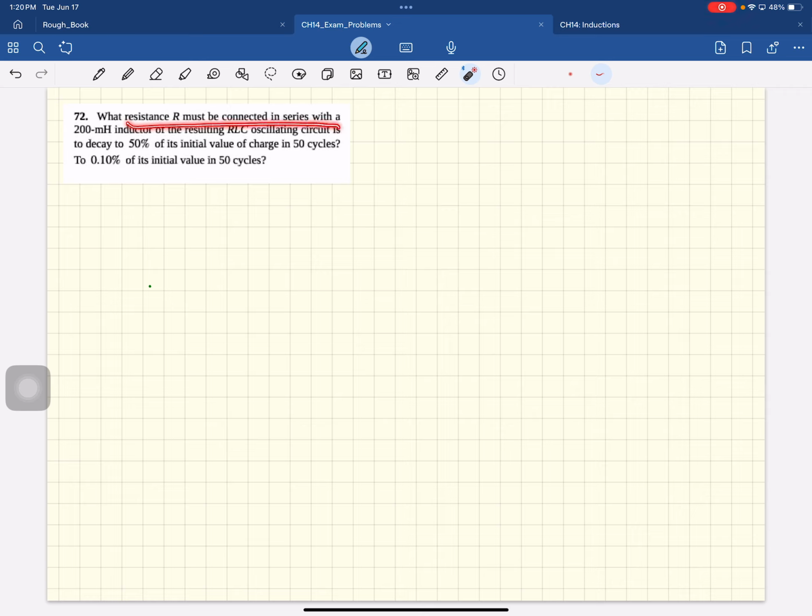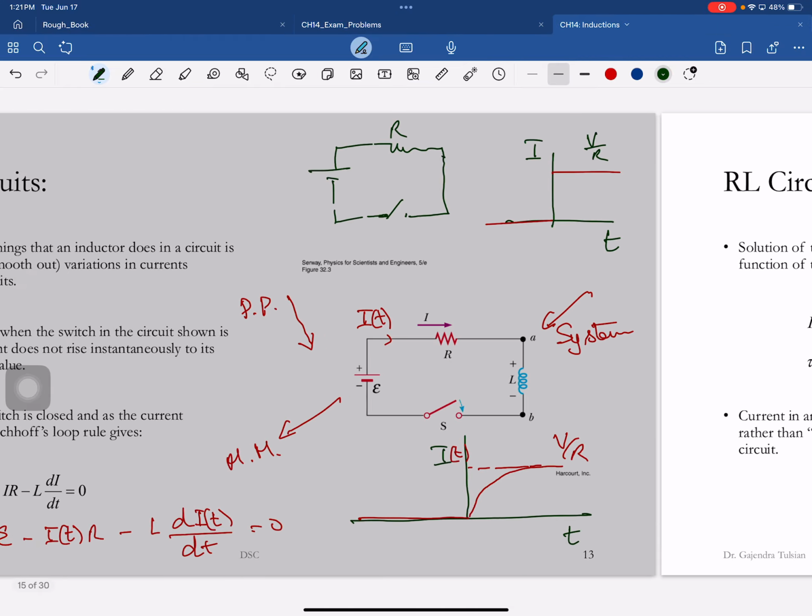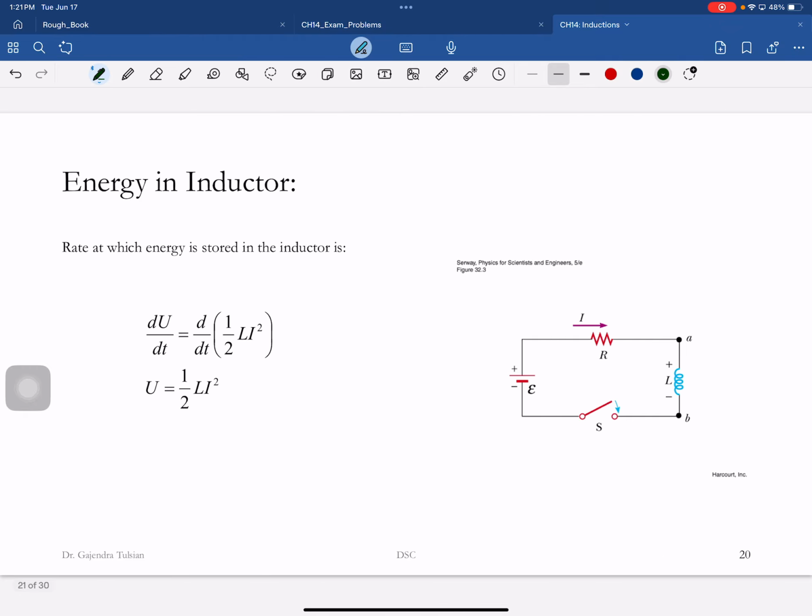What resistance must be connected in series with a 2 millihenry inductor if the resulting RLC oscillation circuit is to decay to 50% of its initial value of the charge in 50 cycles? Okay, so you set it in oscillation, and here's the expression.